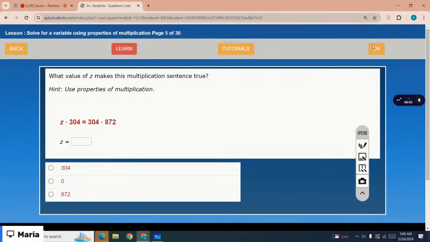Okay, what value of z makes the multiplication sentence true? Which number is missing?